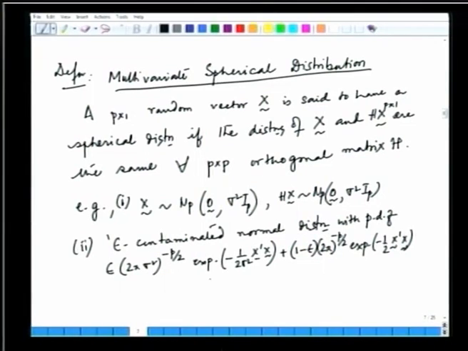Now, note that this part is actually coming from x following the multivariate normal, the one we have talked about just now, with mean 0 and dispersion matrix sigma square I. Here this is even simpler.